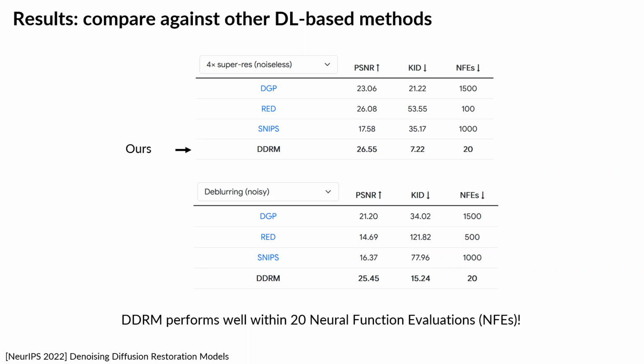Most of the time is spent on forward propagation of the diffusion model. I don't recall the exact numbers, but depending on the network that you use, each image should have a latency of about 5 seconds to 20 seconds. But I would say compared to prior work, it's much more scalable.